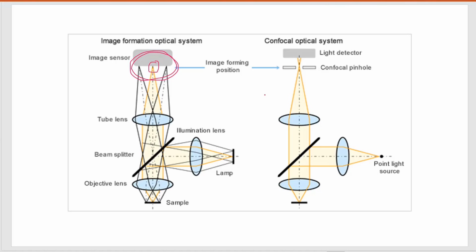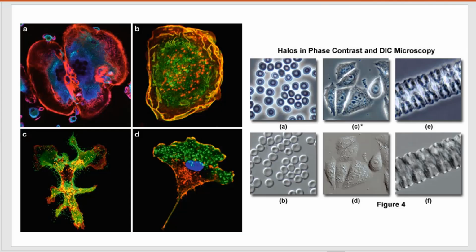To overcome this, we developed a confocal system where we use a confocal pinhole, so that the detector can only detect this light source and not the other light sources that arise out of the sample or the lens. So we get a focused image which helps us know the 3D structure. These are the type of images you can see from the confocal microscope, and you can see that it is a 3D kind of image.